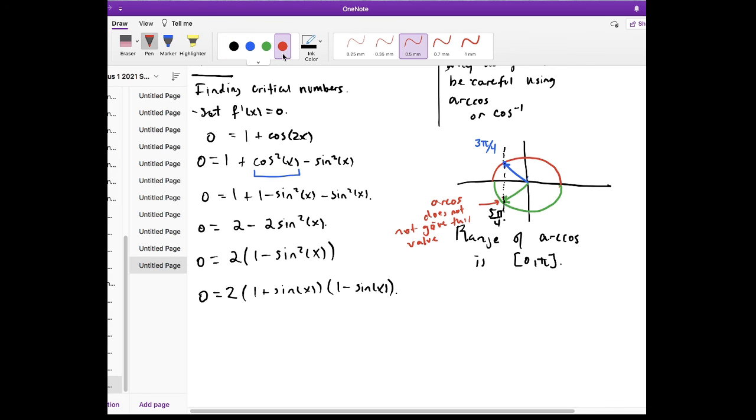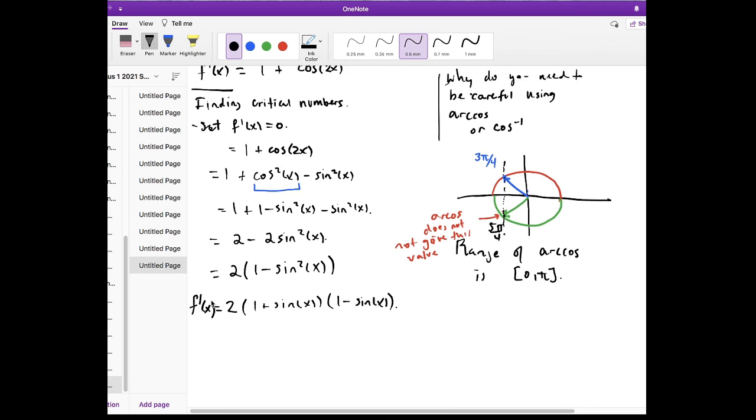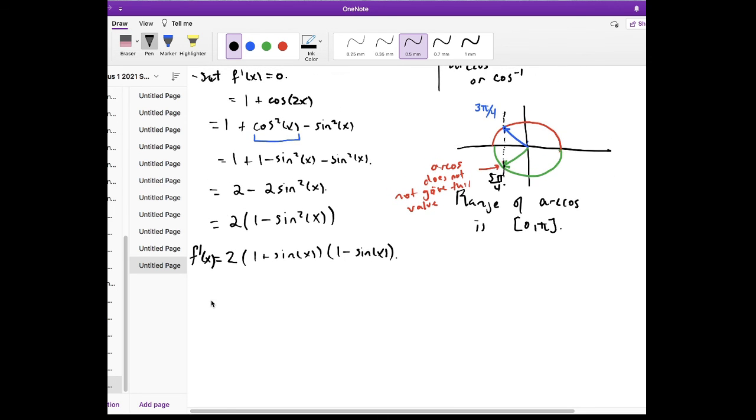Okay, so why was I not letting you bring things to the other side? Because this is f prime, right? We didn't need to set anything equal to 0 yet. So this is f prime factored.